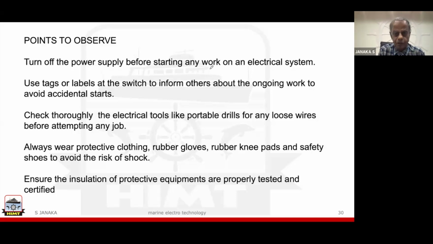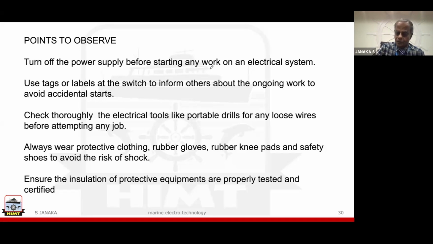See that they are all well connected, well tightened, and properly insulated. Preferably the tools are properly insulated, which is better to protect the human being. Wear protective clothing and rubber gloves, which are tested for a particular voltage as per requirement, to prevent unnecessary danger due to shock.